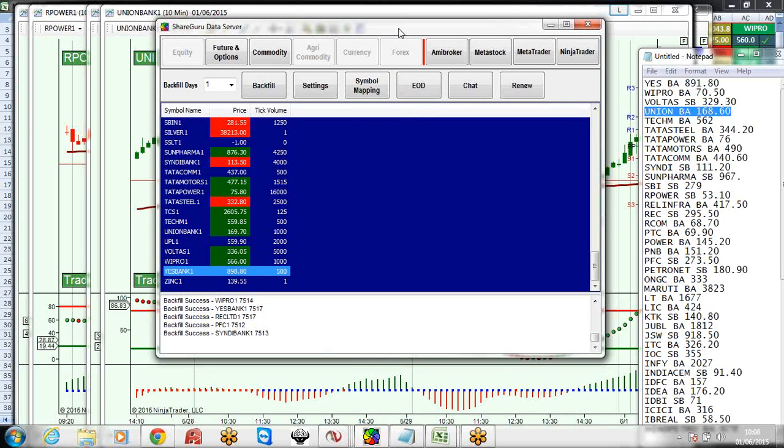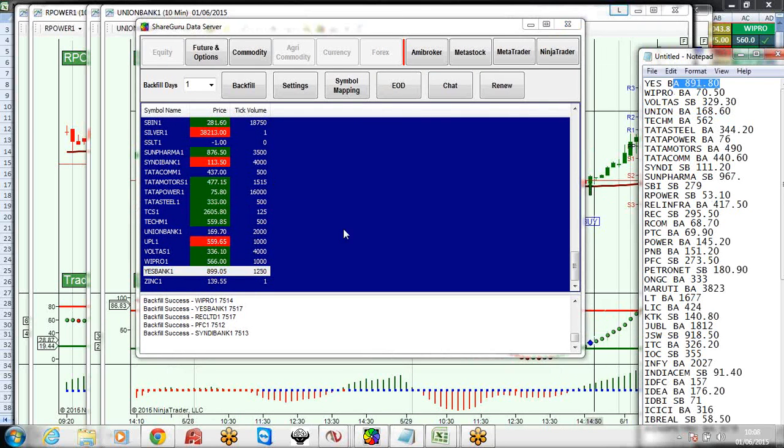So our Yes Bank buy was 891.80. Now it is at 899. That's a good profit.